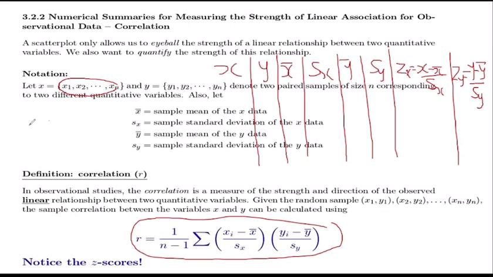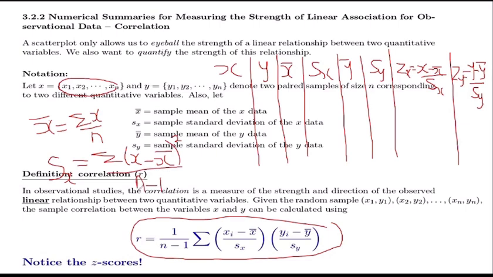So just like what you said, the mean is the summation of X divided by n. The standard deviation for X is going to be the summation of X minus X bar, squared, divided by n minus 1. You can use your calculator, some of them are built in, or you can use R.